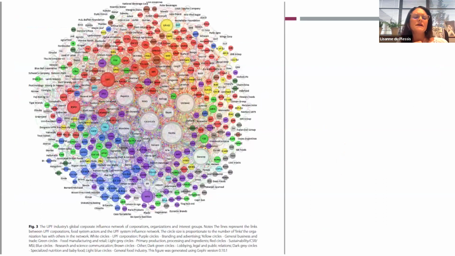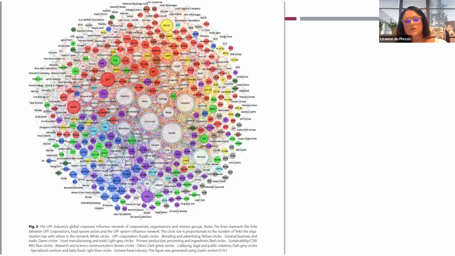And what they found was that here on the slide, you will see in this colorful ball right in the middle, those are the same companies, the 10 companies that I showed you on a previous slide. And they mapped out all these different interest groups linked to these companies. And what they saw was that there were around 268 interest groups linked to these industries.